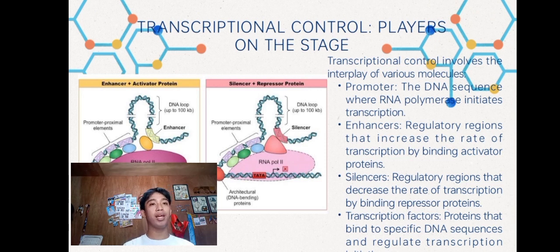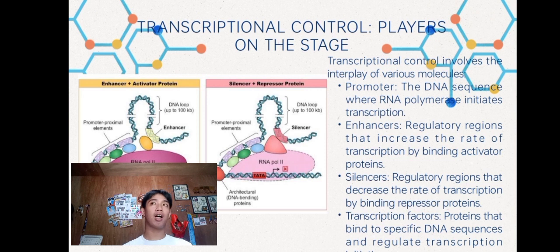They set the mood and atmosphere, influencing whether transcription factors and RNA polymerase can access the DNA. For example, DNA methylation often represses transcription by blocking the binding of transcription factors.